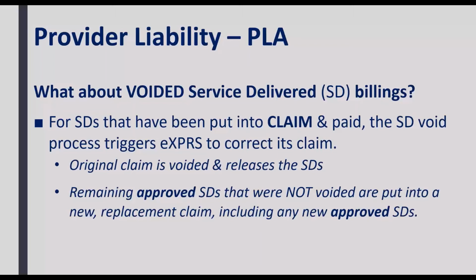Depending on whether the remaining SDs and any new replacement SDs gathered up into that new claim total more than the original claim that was voided, you get into either a liability amount that will be used to reduce future claims, or were you underpaid? Then eXPRS needs to send you a second supplemental payment to make up that full total that you should have been paid in the first place before the correction.